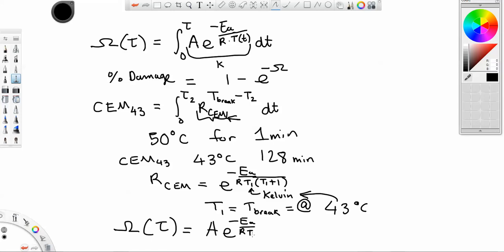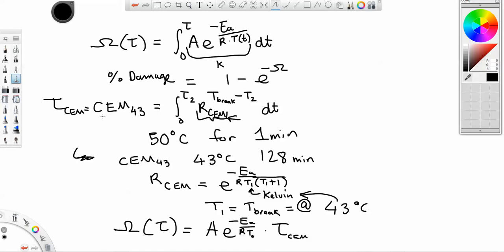This is constant. The temperature is now constant at 43 times however long the CEM is. So tau CEM equals this right here.